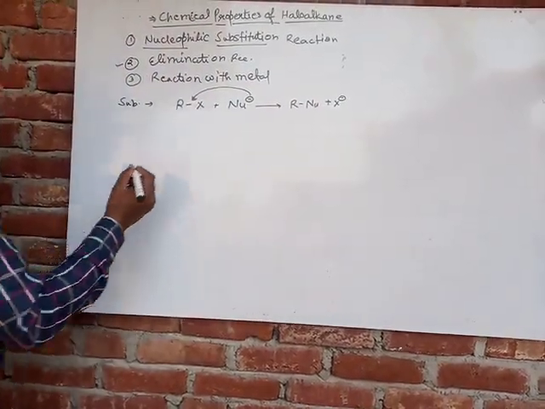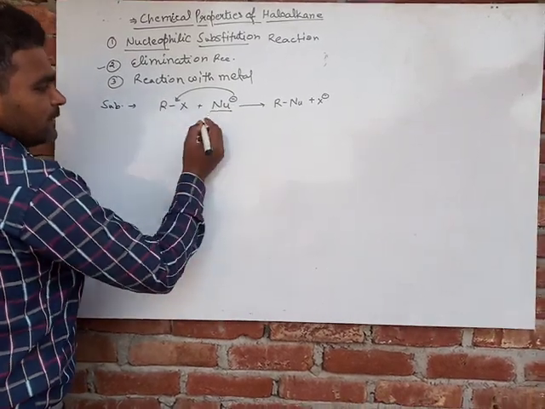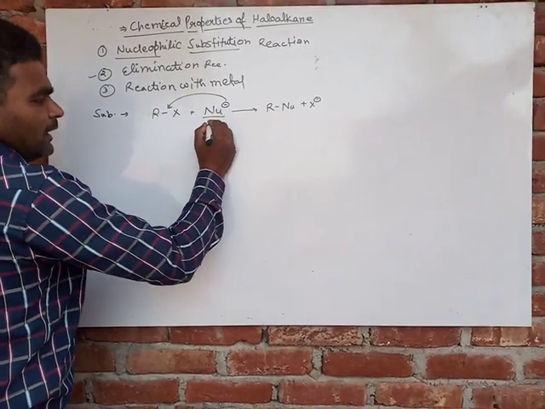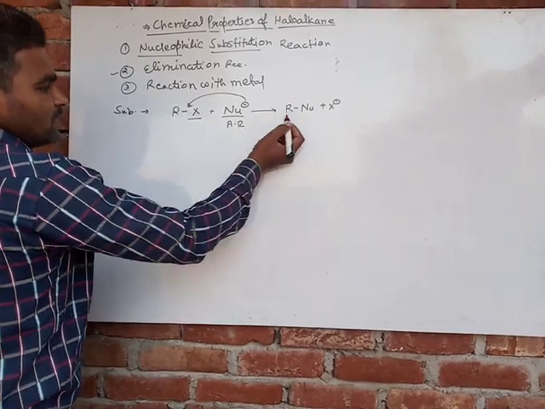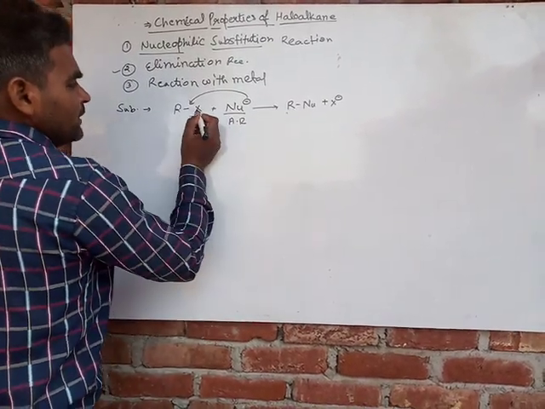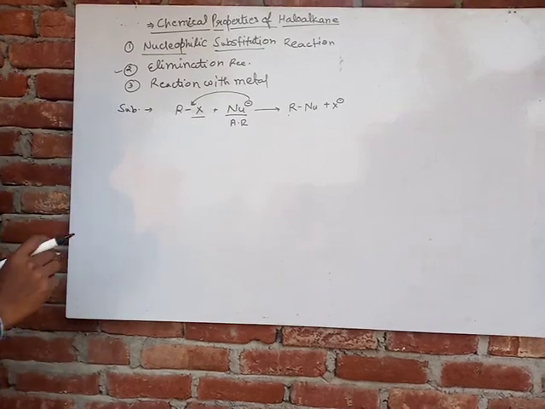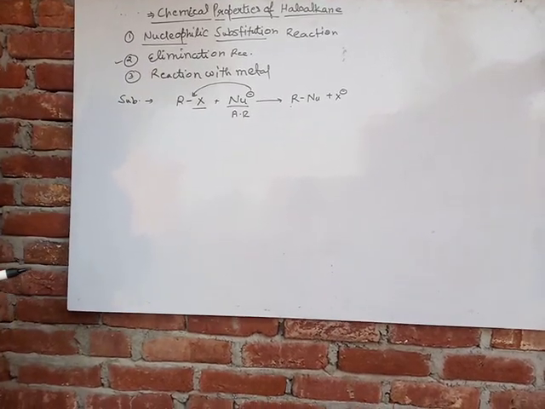Here Nu minus is the attacking reagent. The attacking reagent replaces the halogen and adds to the alkyl in place of the halogen. So this type of reaction is called the substitution reaction.